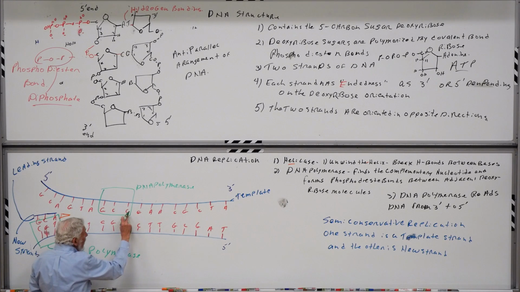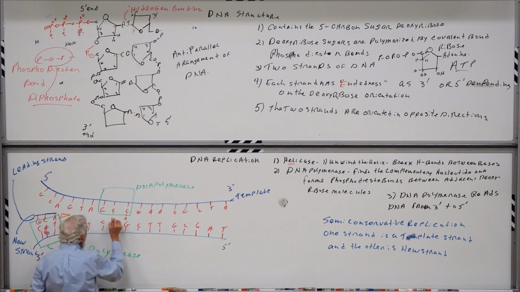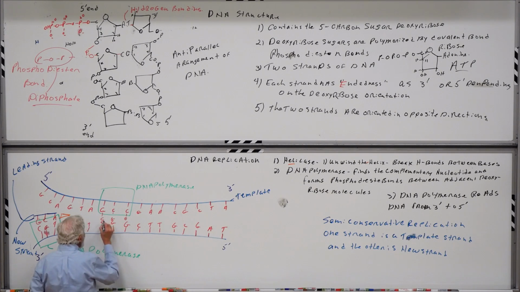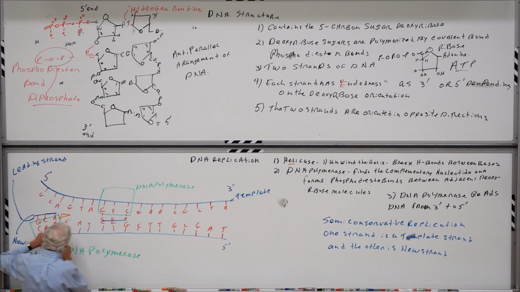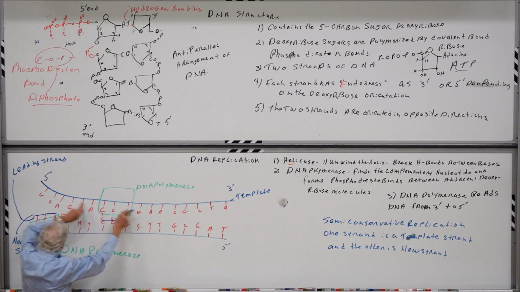It will find the cytosine, base pair it with a guanine, the cytosine with a guanine, guanine with a cytosine. It will form the appropriate phosphodiester linkages. It's doing the same thing here as we showed down here.